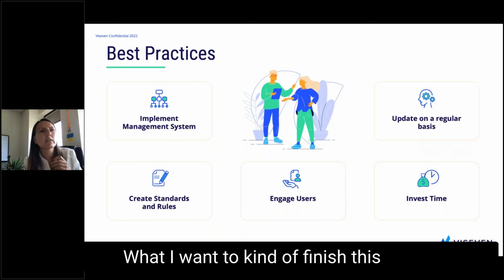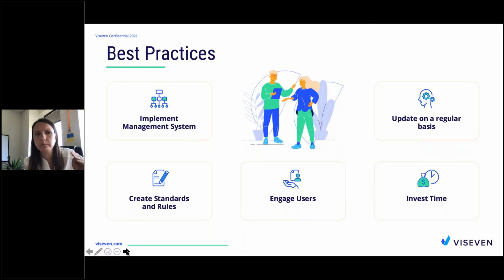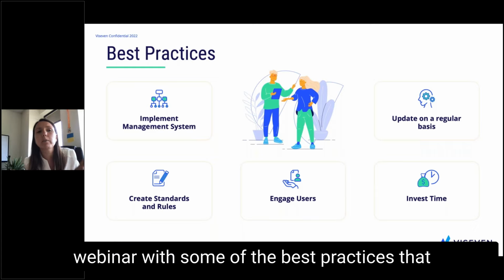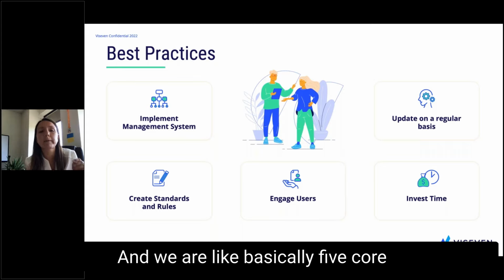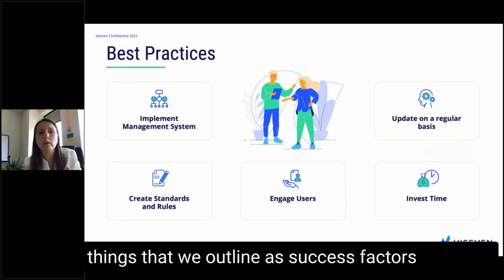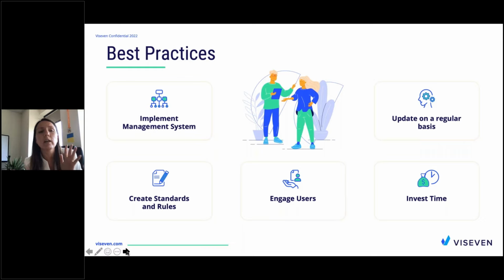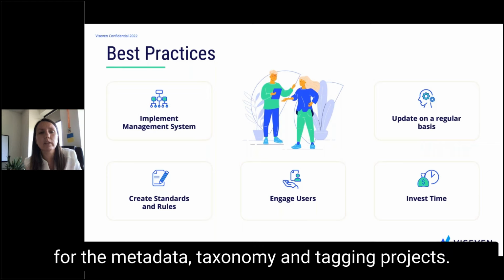What I want to finish this webinar with are some of the best practices that also came from our internal teams. There are basically 5 core things that we outline as success factors for the metadata taxonomy and tagging project.